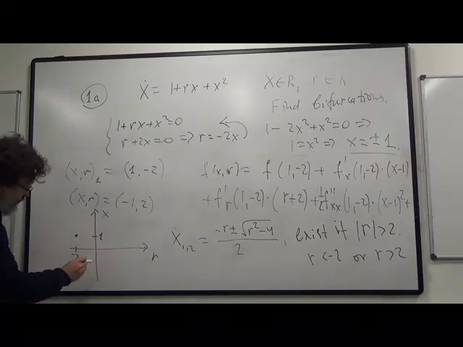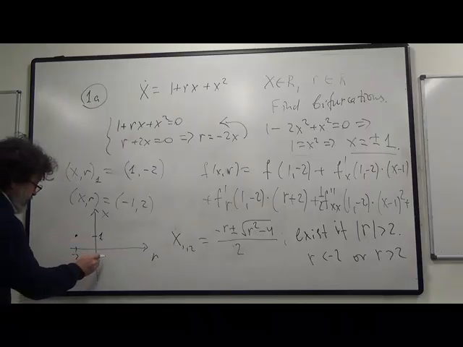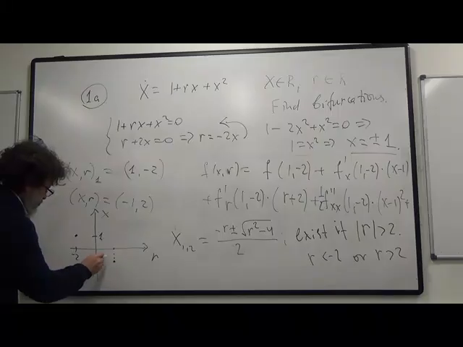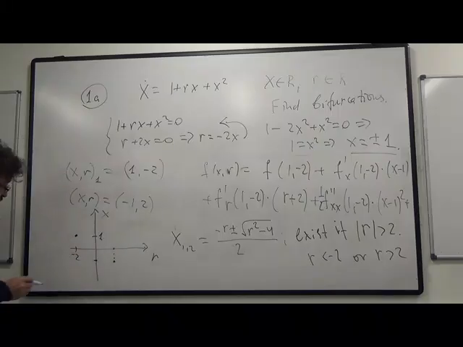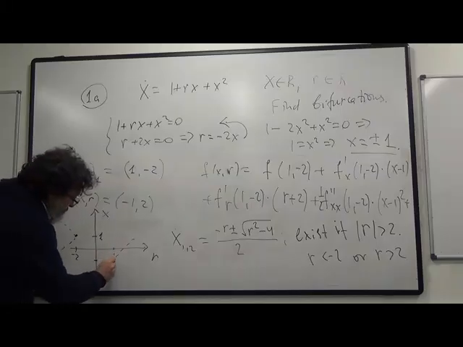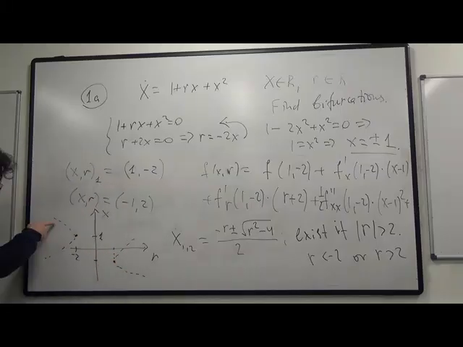And the second point is x is minus 1 and r is 2. This point. So it's here and here we have bifurcations. The only point is to find out, so we have here two roots, which one is stable, which one is not.